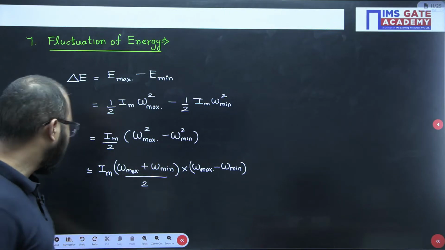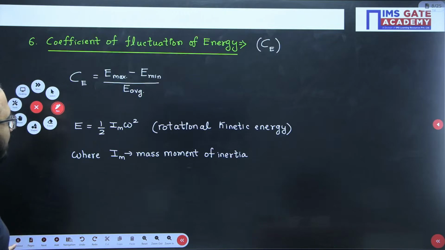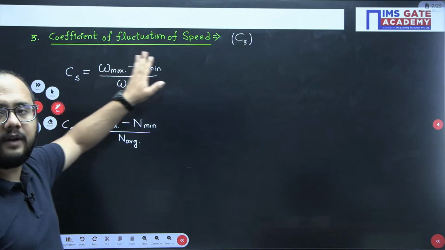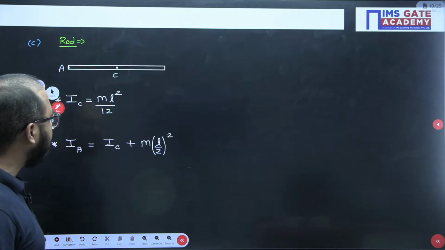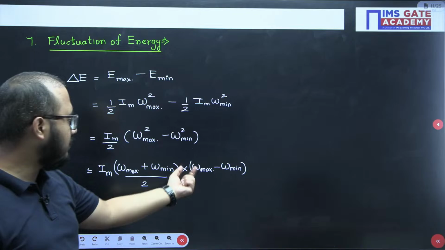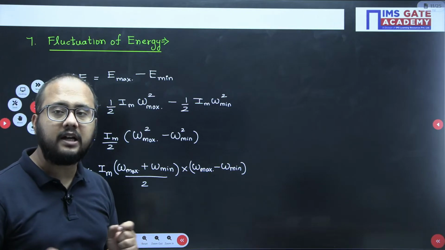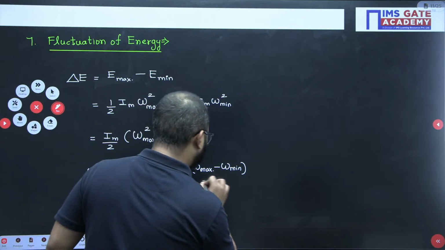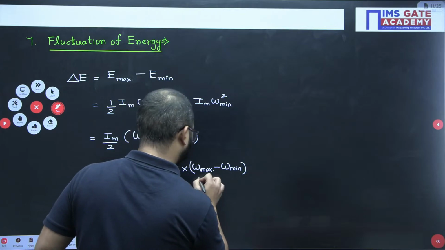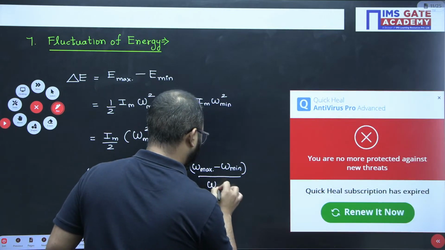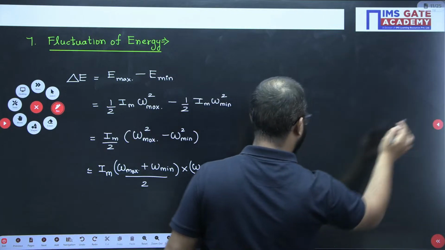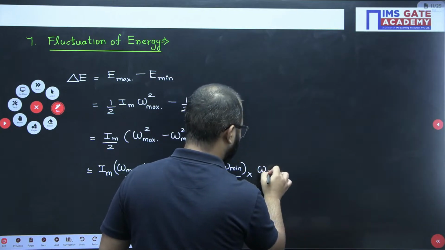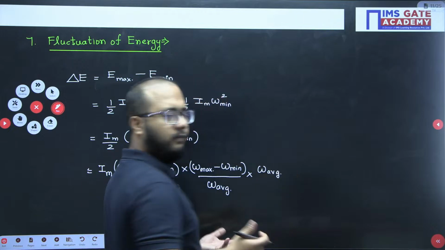Now if you remember the coefficient of fluctuation of speed, I have written omega max minus omega mean divided by omega average. Can I use this relation here? Yes, omega max and omega mean are there, but omega average is not. So I will multiply and divide by omega average, no problem in that.